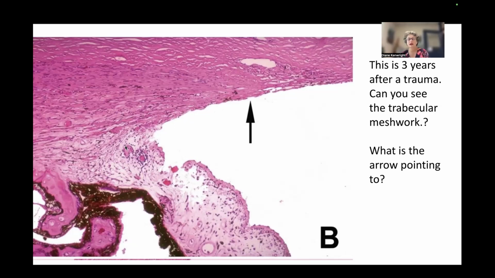Angle recession is relatively common after trauma, and this is the scleral spur here, and so we should have iris attached kind of here, but it's not. Let's have a look at the next one.